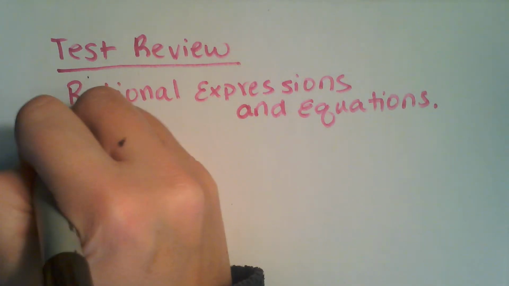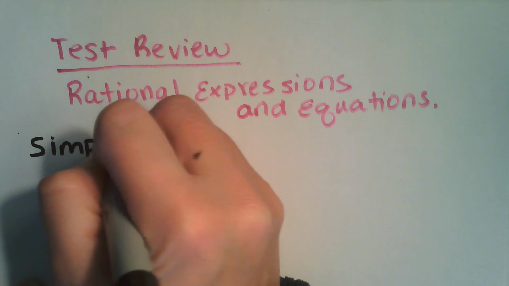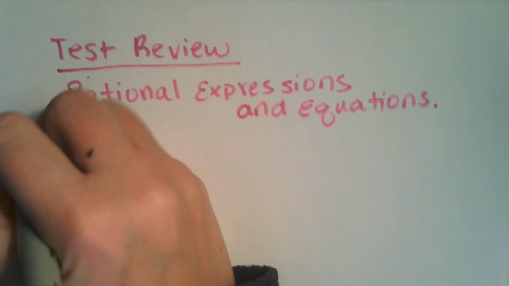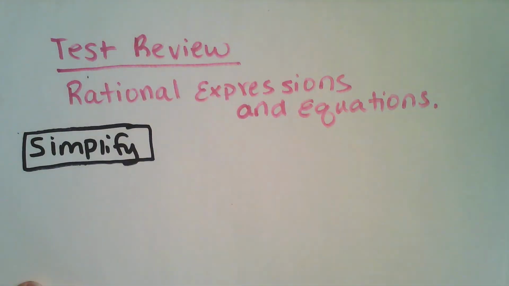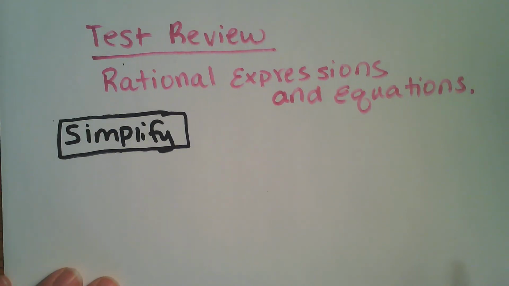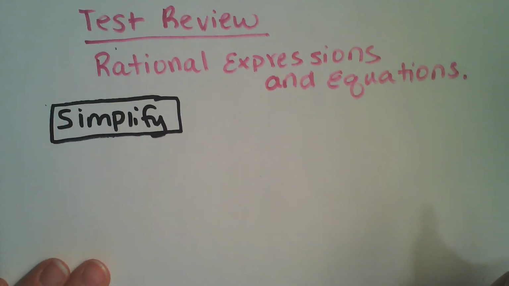So the first thing we talked about was how to simplify a rational expression. And they look like this.